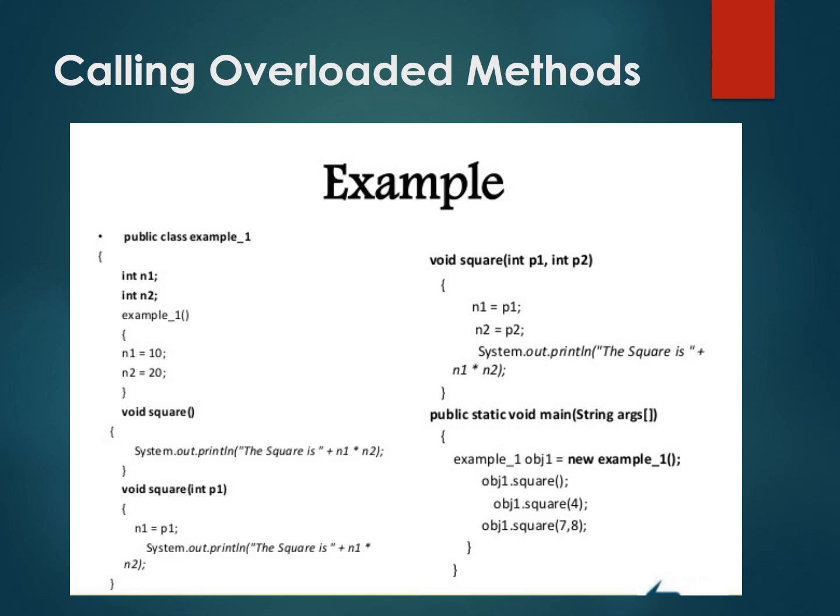So 4 will be copied to p1 and n1 will be assigned p1, means that n1's value will now be 4 and the square will be printed.